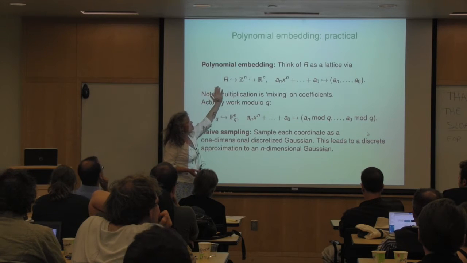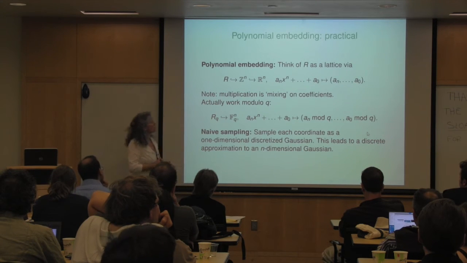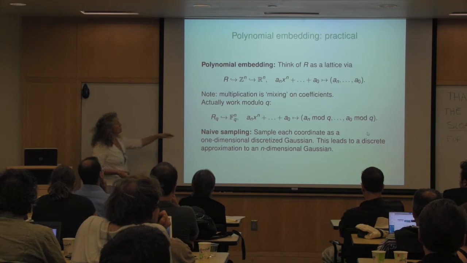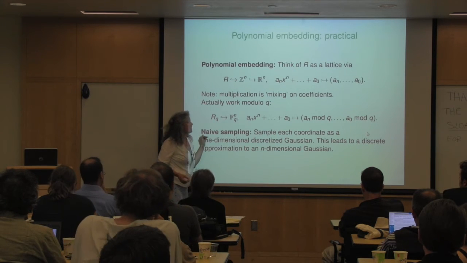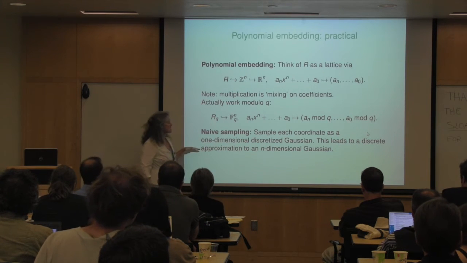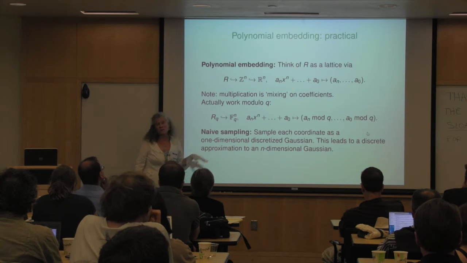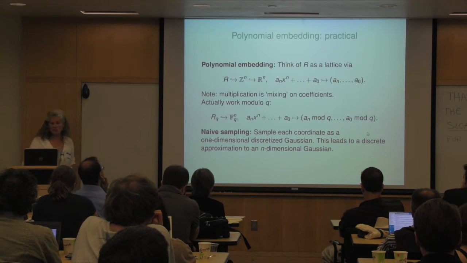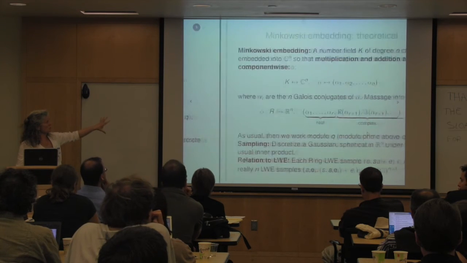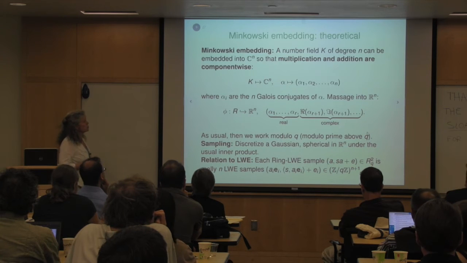You think of some map from R, the ring, to a bunch of copies, essentially, of F_q, and you sample each coordinate as a one-dimensional discretized Gaussian. This leads to an approximate n-dimensional discretized Gaussian. So this is sampling the error coefficient-wise in the polynomial ring, which is what I made a big deal about, is how we do it.